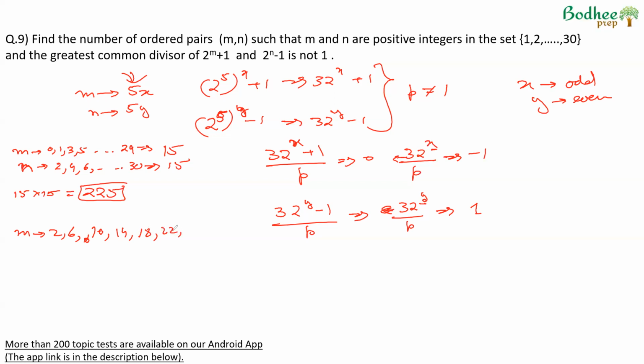We just leave a gap of 1, skipping the multiples of 4, so 20, 24, 28 go away. 1, 2, 3, 4, 5, 6, 7, 8: m could take these 8 values.